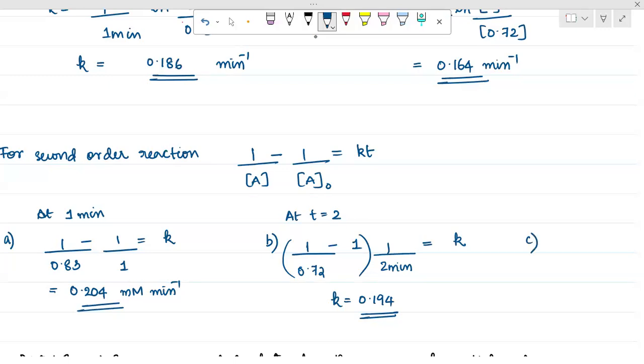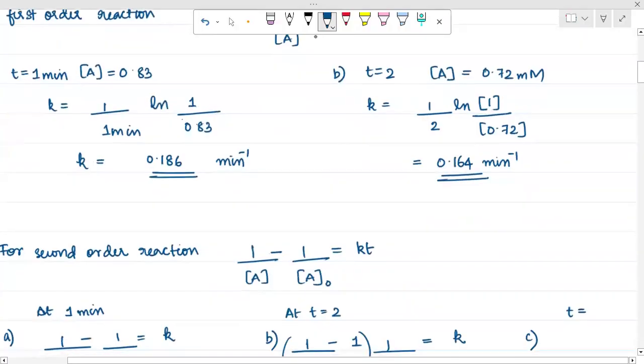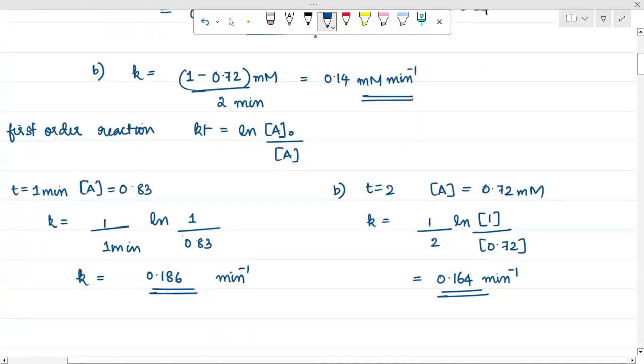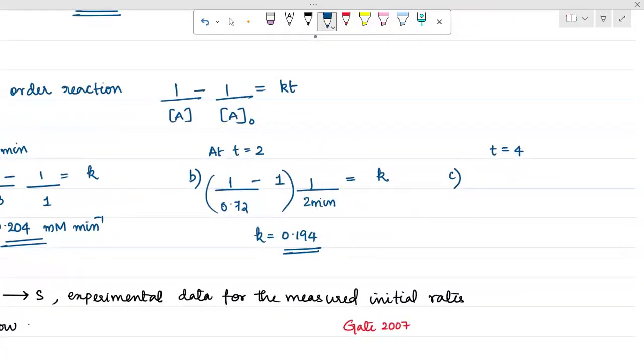Another case. Let's say that at T is equal to 4 minutes, our final concentration is 0.56. So it is 1 by 0.56 minus 1 is equal to K into 4.